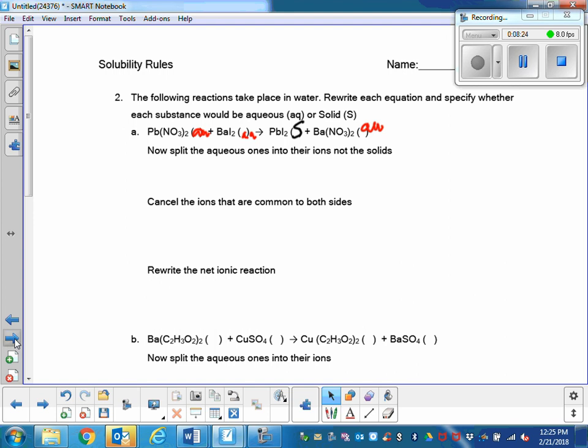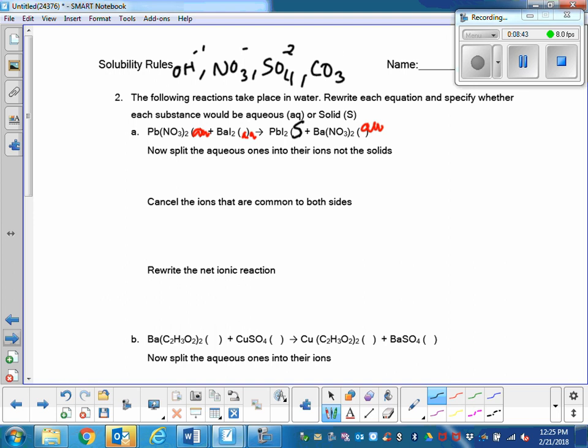You always say AQ, so I need to know my polyatomic ions. 3 of them are AQ, 1 is a solid. Hydroxide, nitrate, sulfate, carbonate, phosphate, ammonium, and chlorate. Chlorate is ClO3 minus 1.